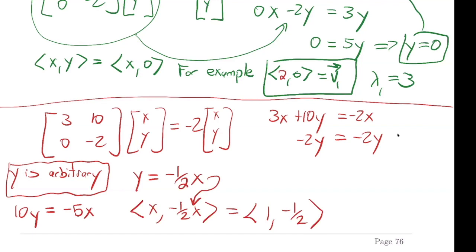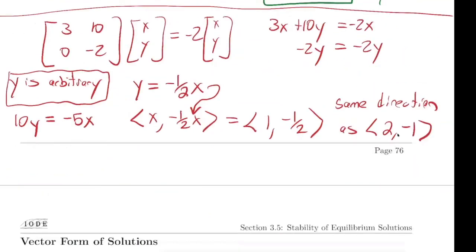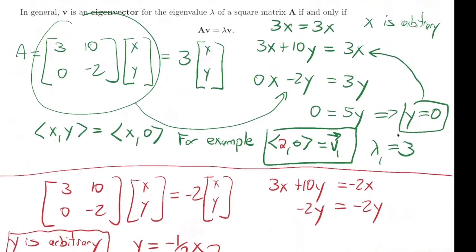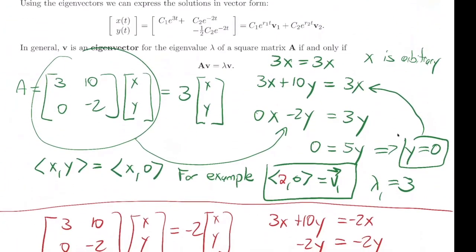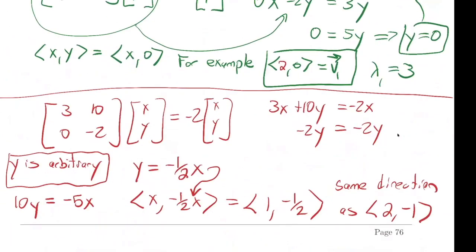And notice that this has the same direction as this special vector that we used the initial conditions for in the previous problem. Any questions?